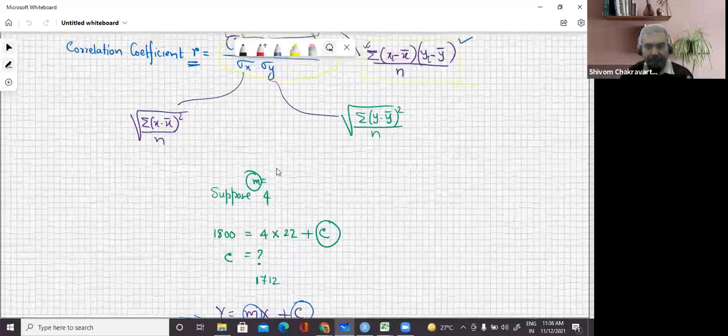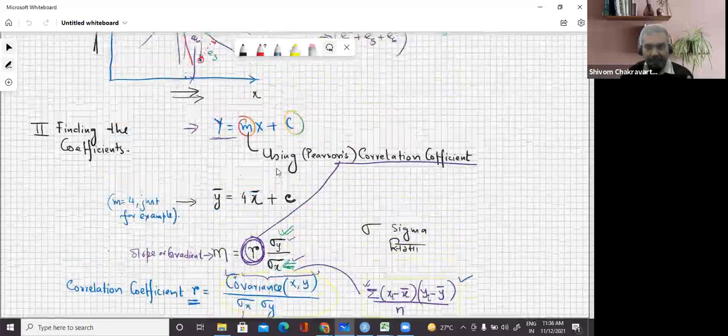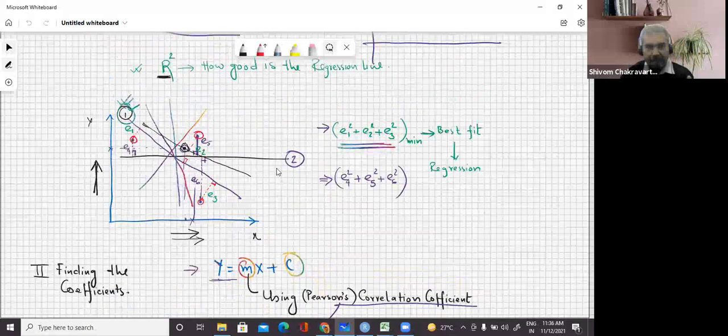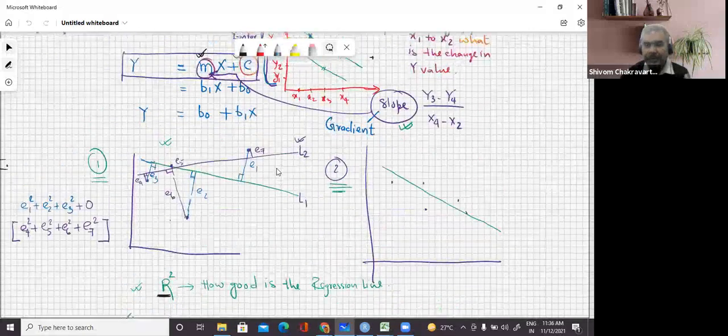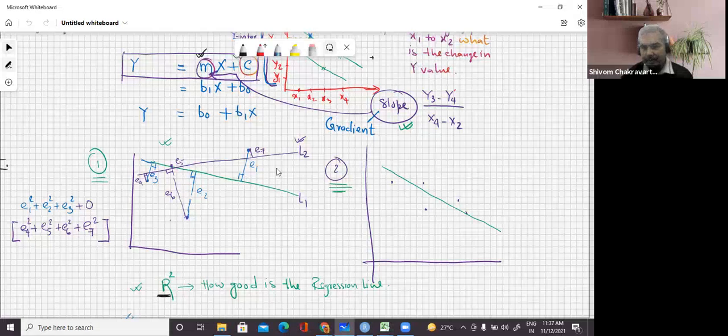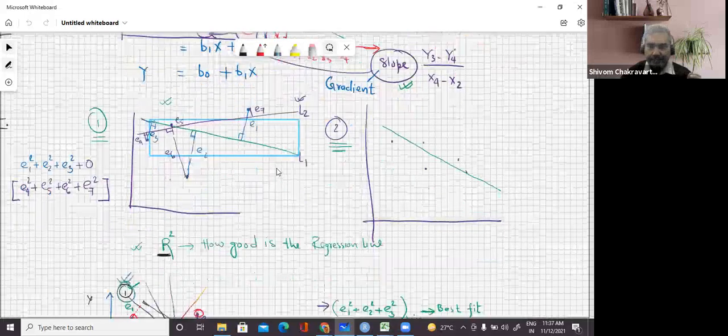Yeah, so we were discussing these things about regression. We discussed what is meant by regression, and what we are trying to do. We are trying to fit a line to the data points. So there are at least two variables, and we plot them and we try to fit a line to those data points, the line of best fit.